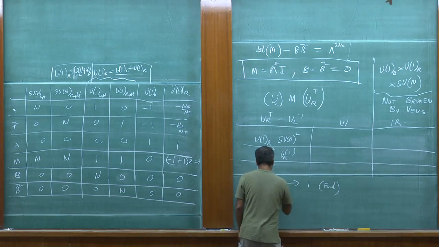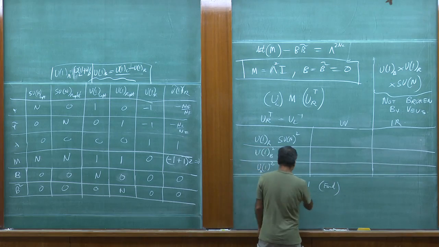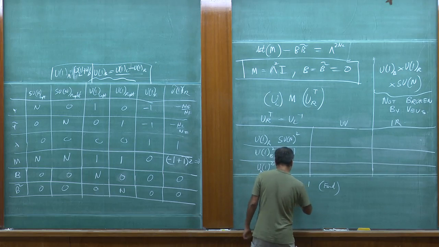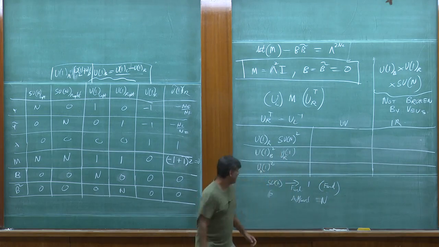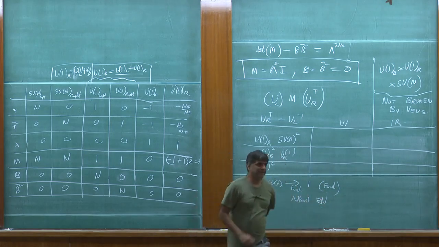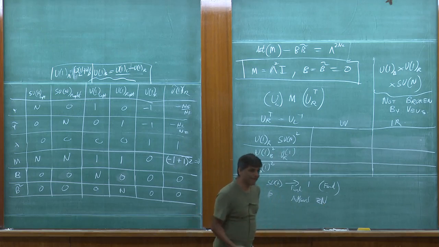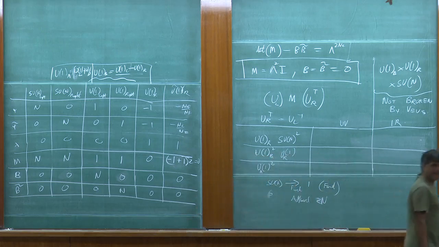And the contribution of an adjoint is 2n more than the fundamental. So we will use units in which we call the fundamental 1 and the adjoint n.